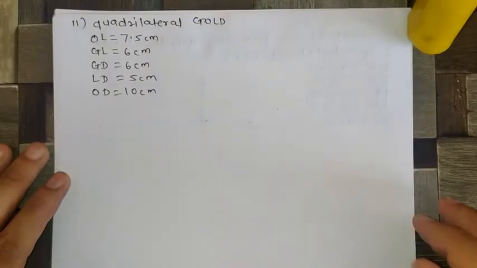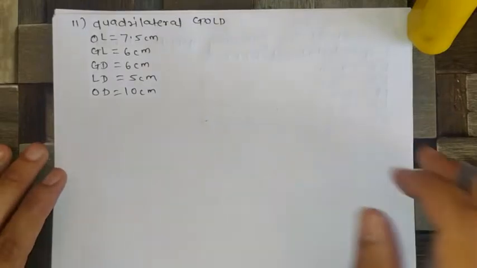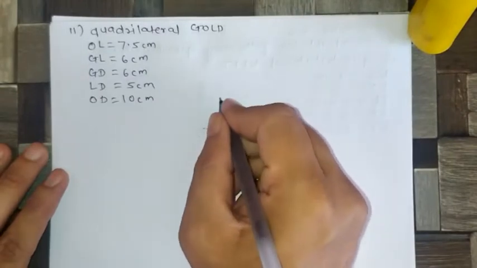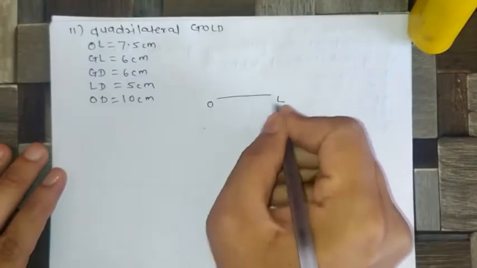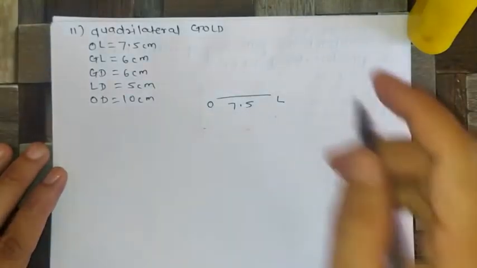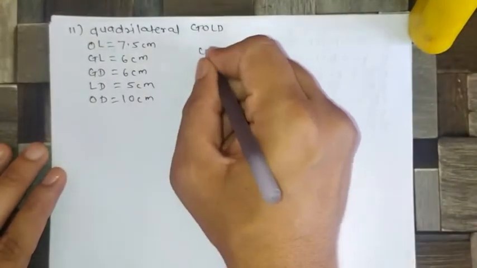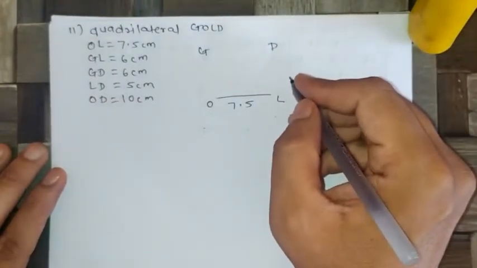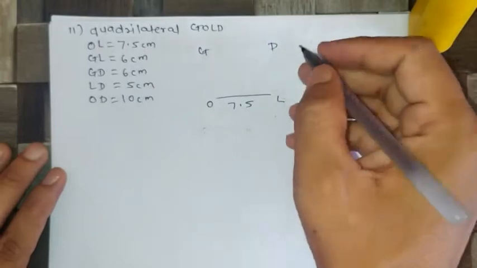Now here we are in part 2 of 4.2. Here some sides have been given. OL is given, which is 7.5 centimeter, and somewhere here G will be there and here D will be there. According to the question, GL is 6 centimeter.